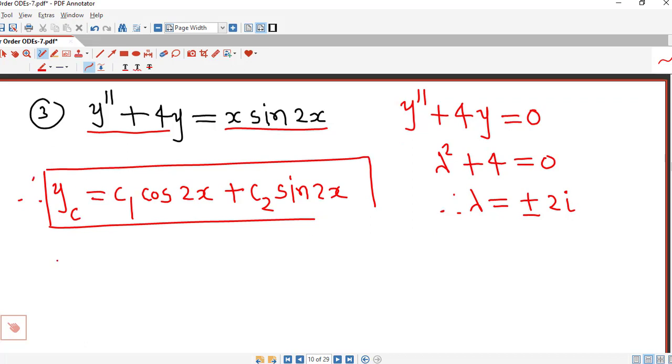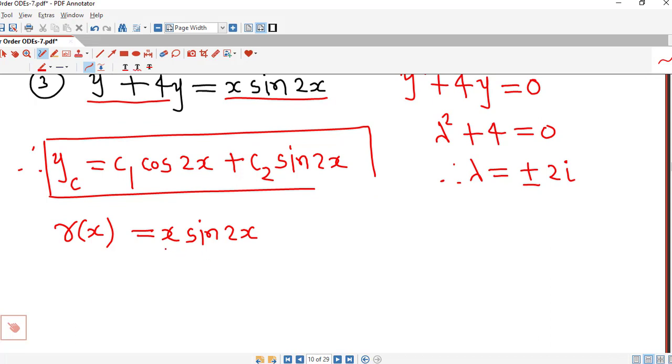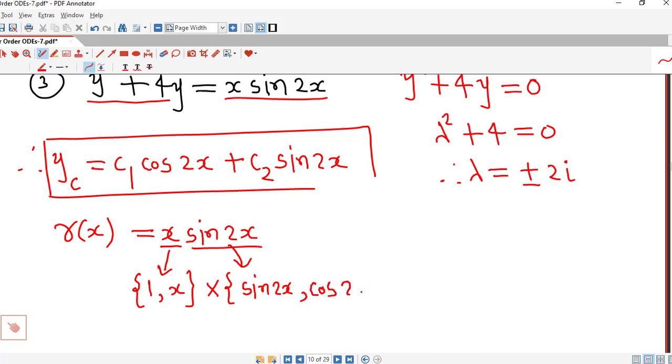So this is the complementary function of the given non-homogeneous equation. Now the right hand side is r(x) equal to x into sin 2x. So here two functions are in the product. First we have to write down the families corresponding to both the functions, and then we have to take their Cartesian product. So the family corresponding to x is 1, x, and the family corresponding to sin 2x is sin 2x, cos 2x.